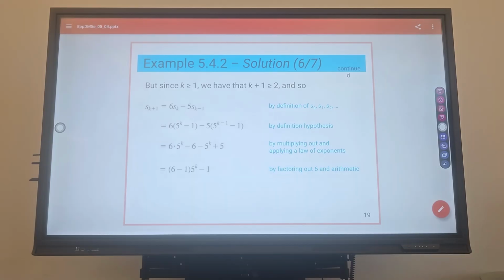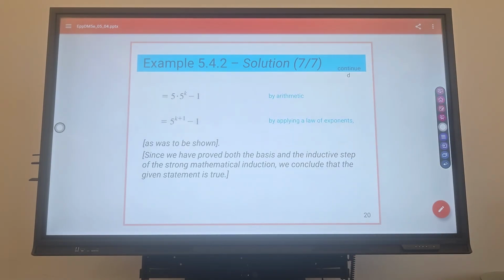And by substituting the inductive hypothesis from the definition, multiplying out and applying the law of exponents, factoring out 6 and doing some arithmetic, you get 5 times 5 to the k minus 1, or 5 to the k plus 1, by applying the law of exponents.